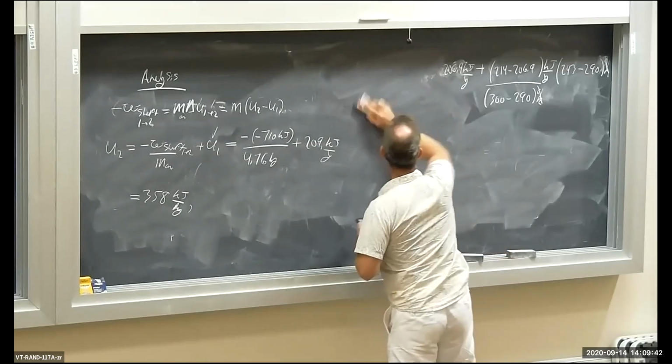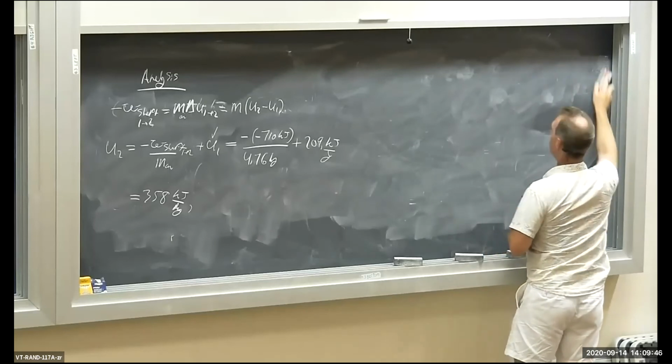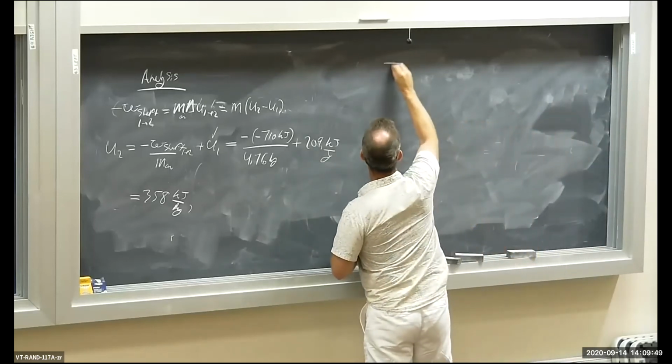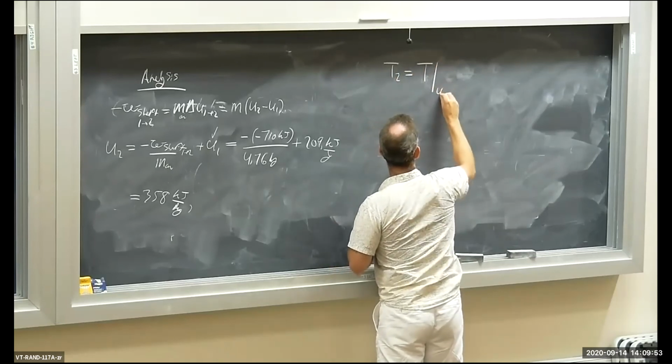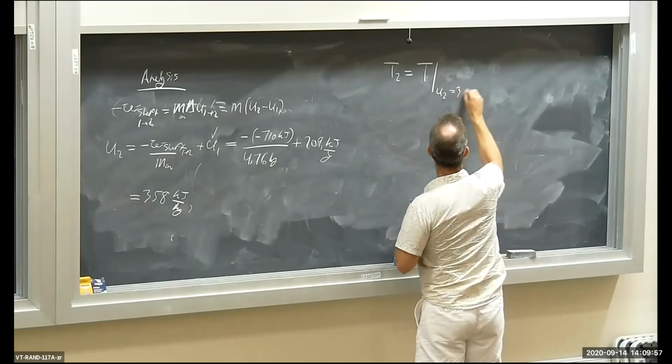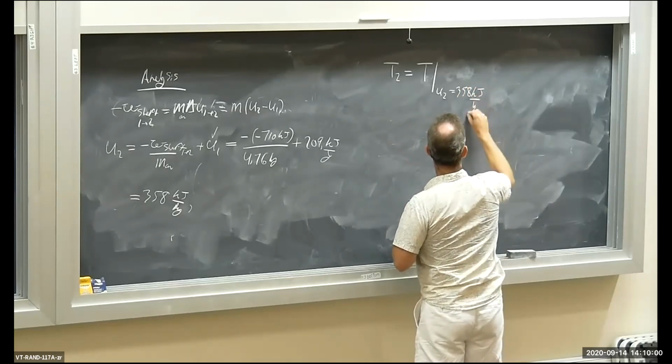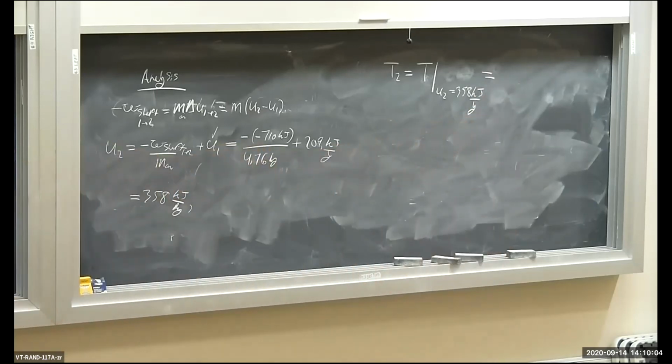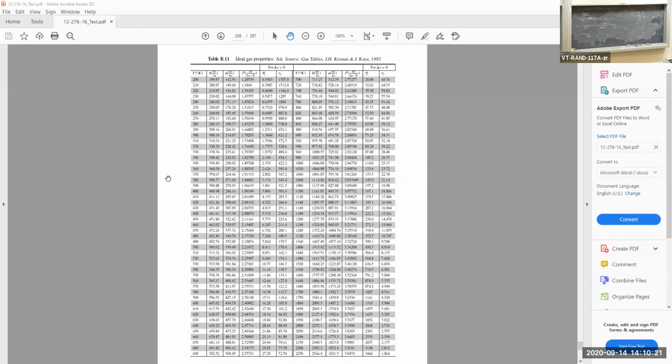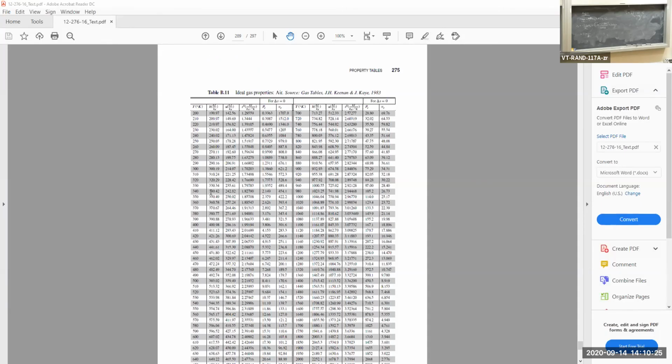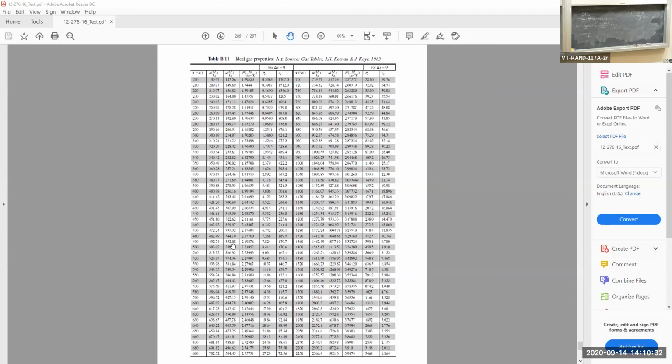Now, T2 is T evaluated for an internal energy U2. T2 is T at U2, and U2 is 358 kilojoules per kilogram. Now, how might we figure that out? So we have an internal energy at state 2, 358 kilojoules per kilogram. Let's find 358.